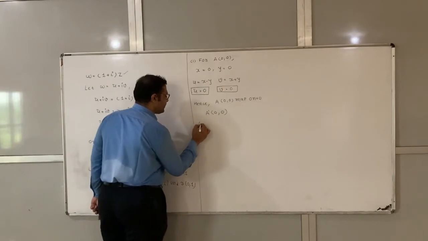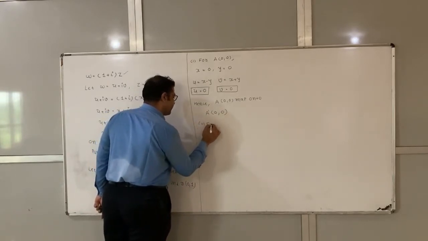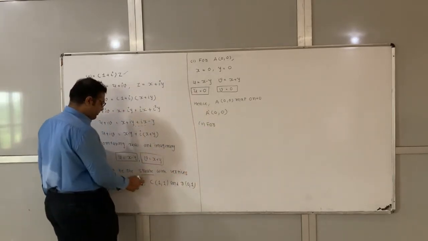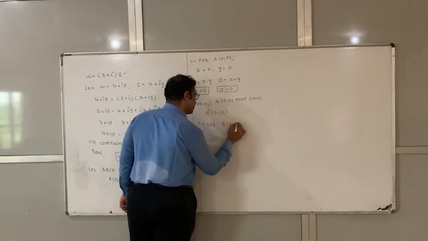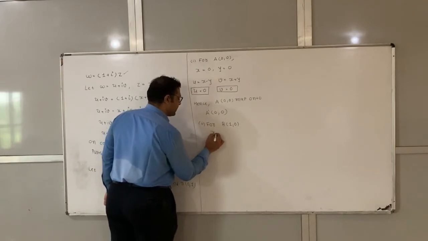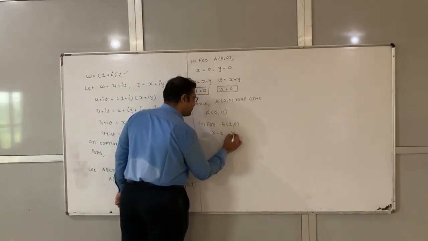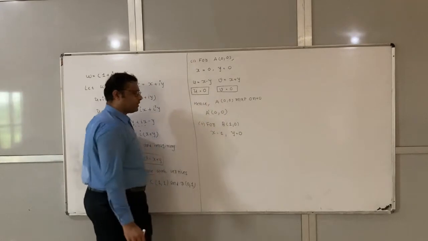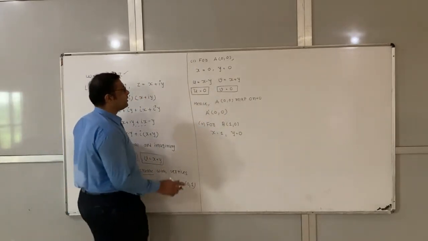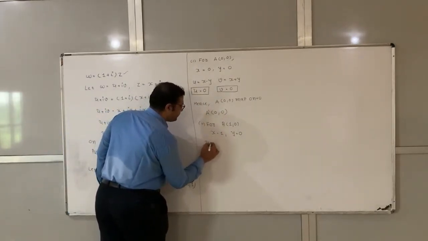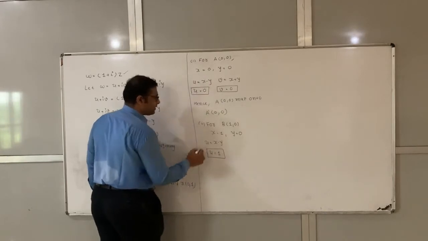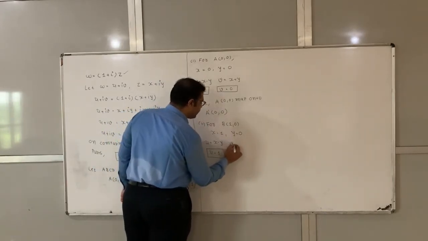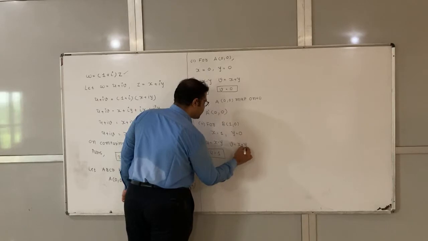Let us take the second point. For B (1, 0), in this case x is equal to 1, y is equal to 0. So again we have u is equal to x minus y, so we will get u is equal to 1 and v is equal to x plus y.